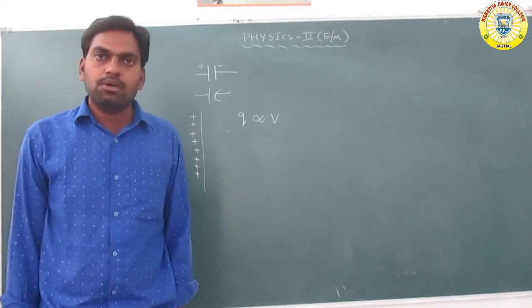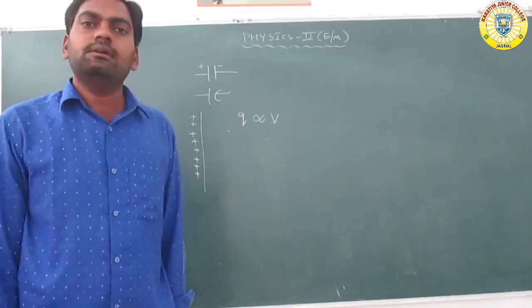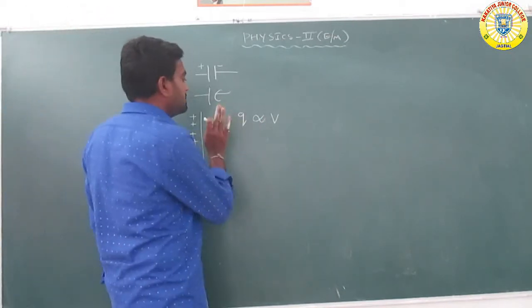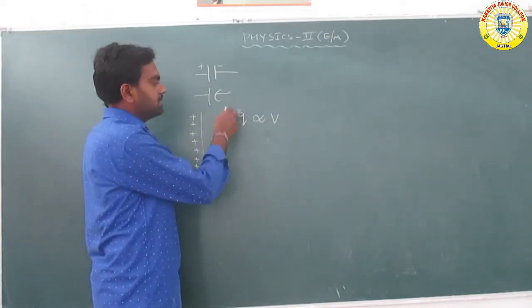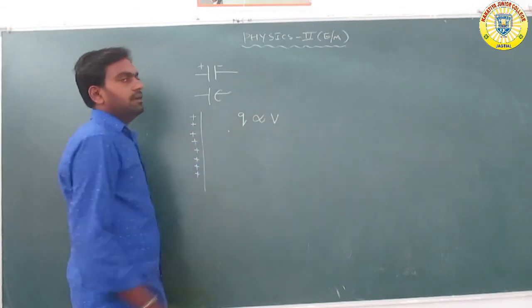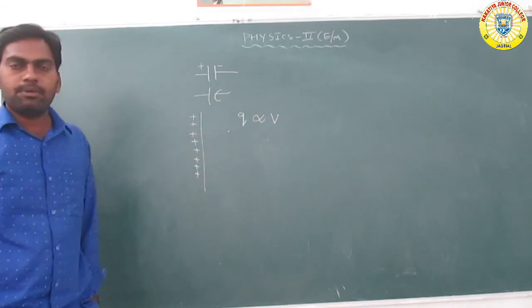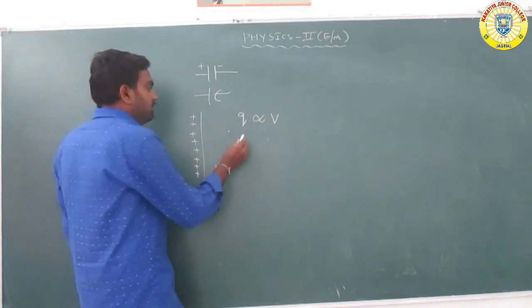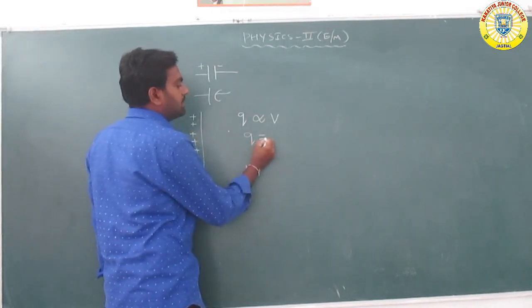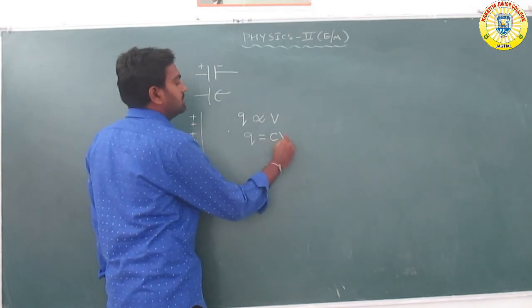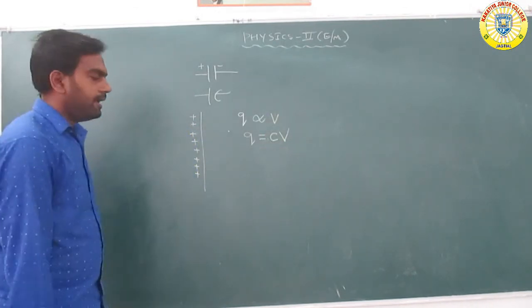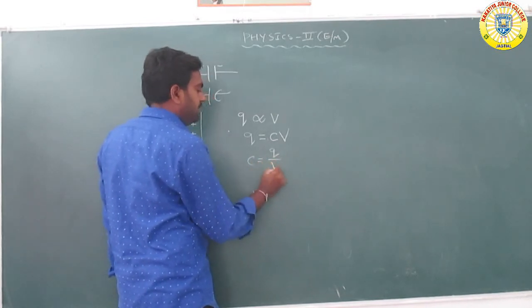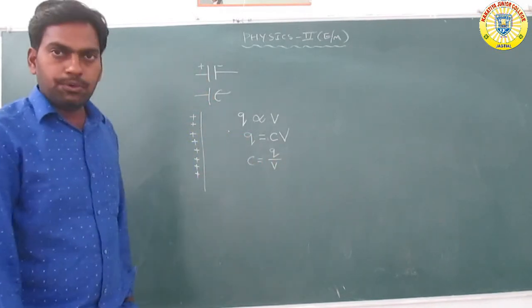That means Q is directly proportional to V. So Q equals some constant times V, and that constant is C. We can write C is equal to Q by V.